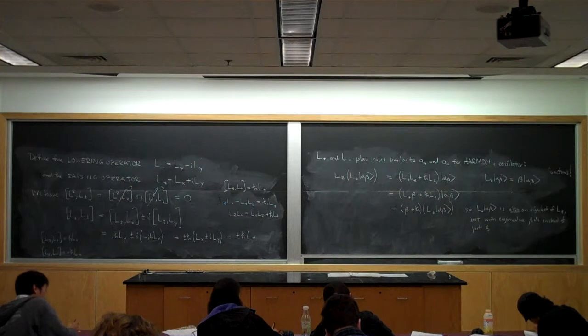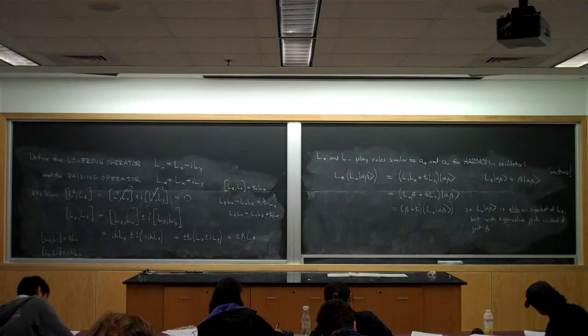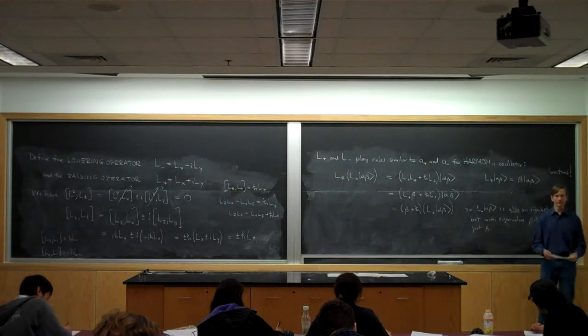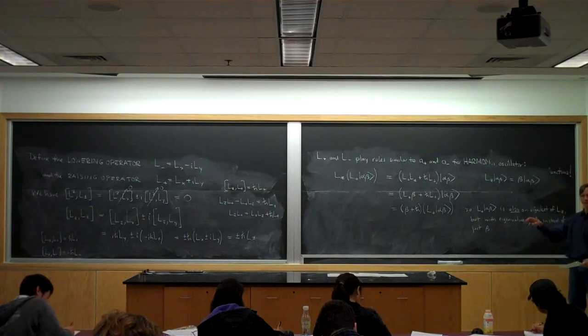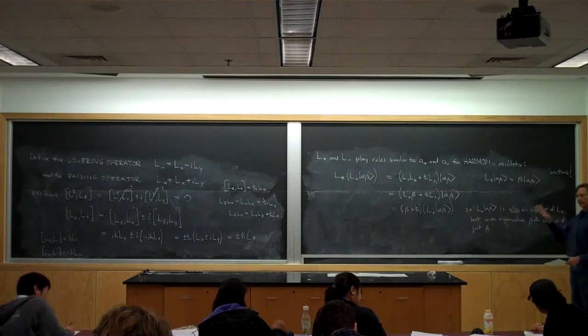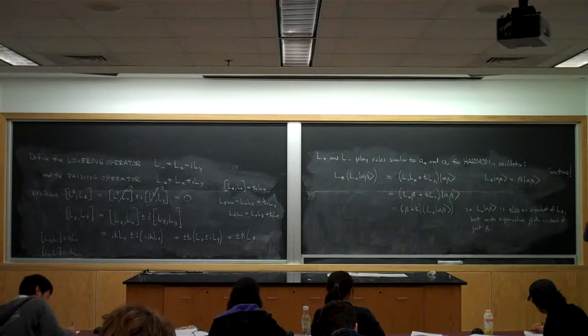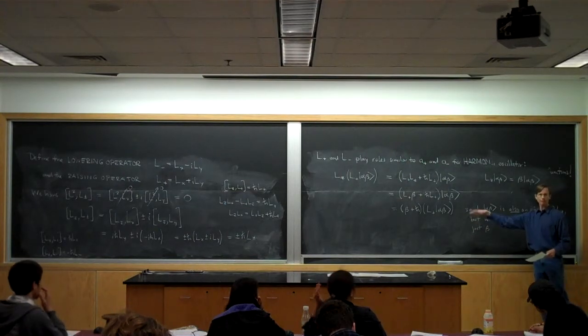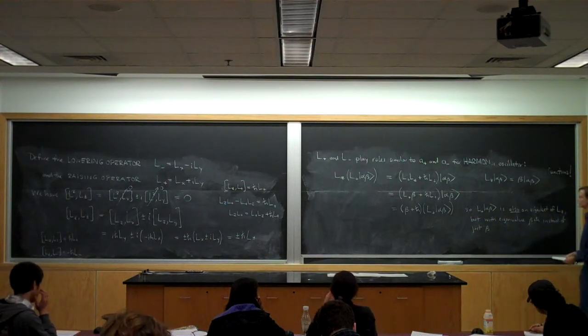So I have raised the z component of angular momentum by h bar when I kick alpha beta with L plus. That's similar to where we found that if we apply the raising operator to an eigenstate of the harmonic oscillator, it raises the energy by h bar omega. Here, we're raising the z component of angular momentum by h bar. So a very similar kind of thing.